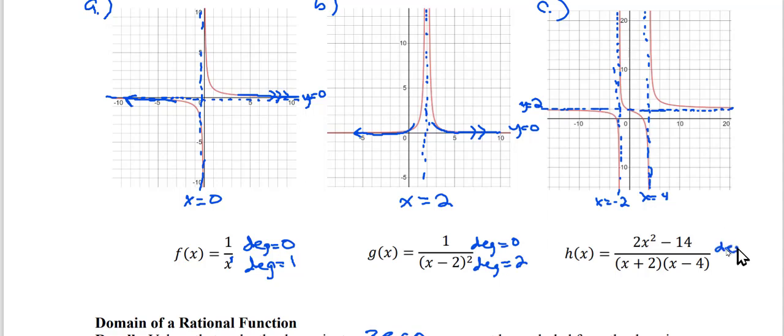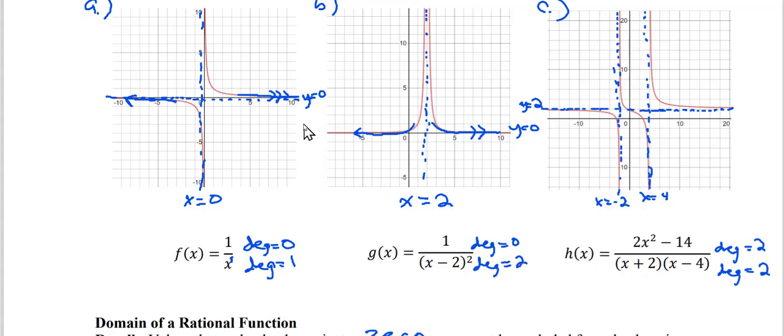Here the degree of the numerator is 2, and the degree of the denominator is also 2. Okay, so it appears in these first two examples, if the degree of my numerator is smaller than the denominator, that my horizontal asymptote is y equals 0.